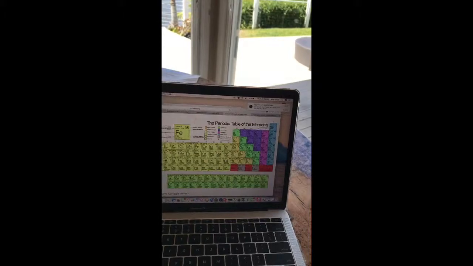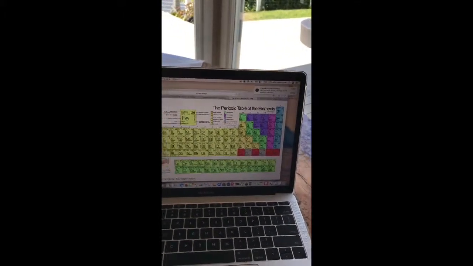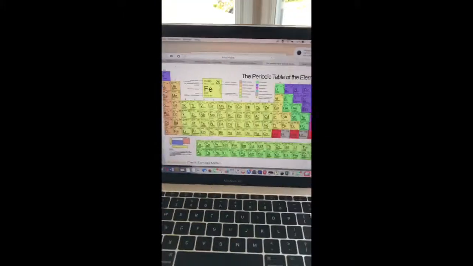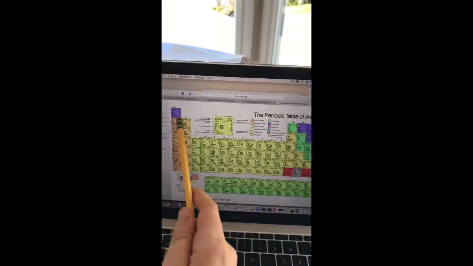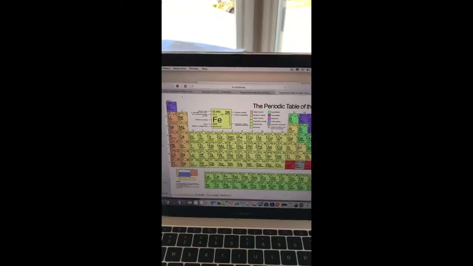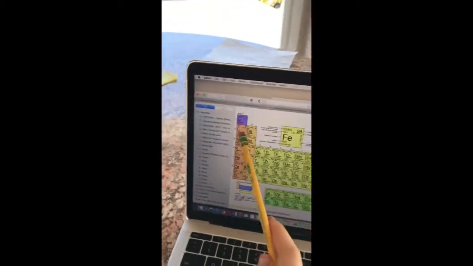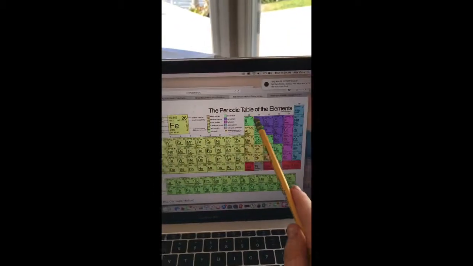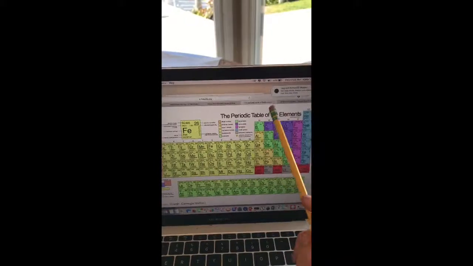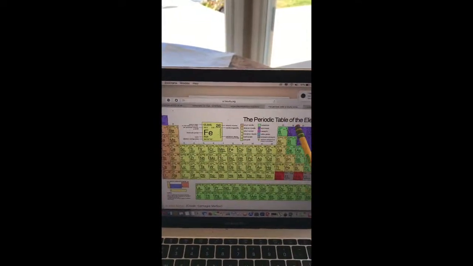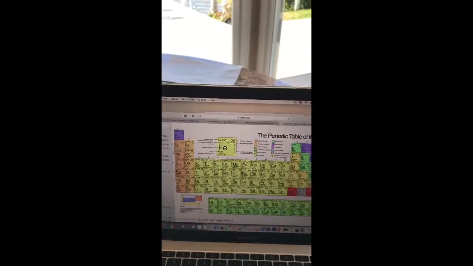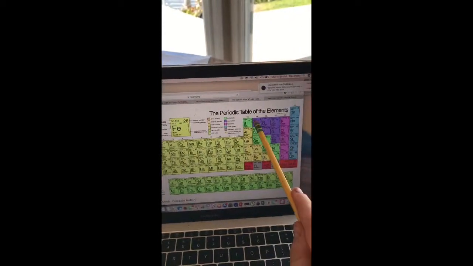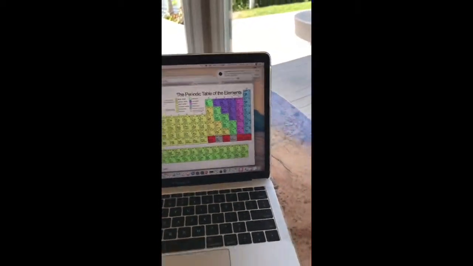So we'll start counting: 1s1, 1s2, 2s1, 2s2. And then now we're into the P orbitals. Those have 6, but we don't quite get to 6. We just go 2p1, 2p2, and that's the configuration for carbon.